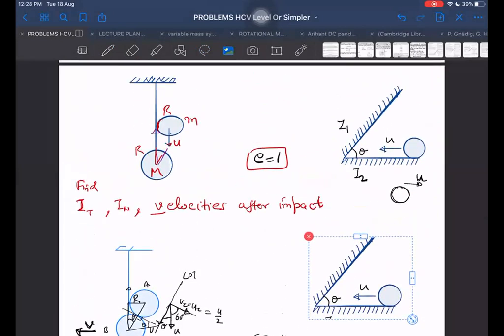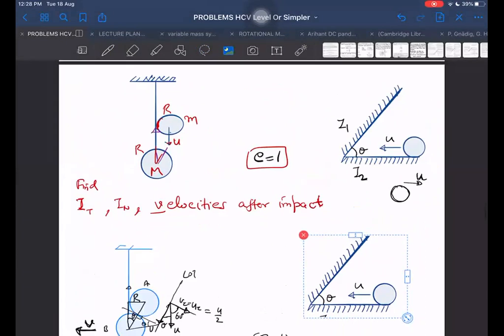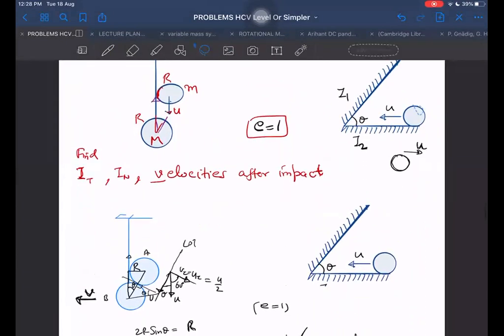Impulses from the two walls will be, when this ball comes here, a little forward, when this comes here at that instant of time, this is angle theta, this is perpendicular, this is 90 degrees on both sides.